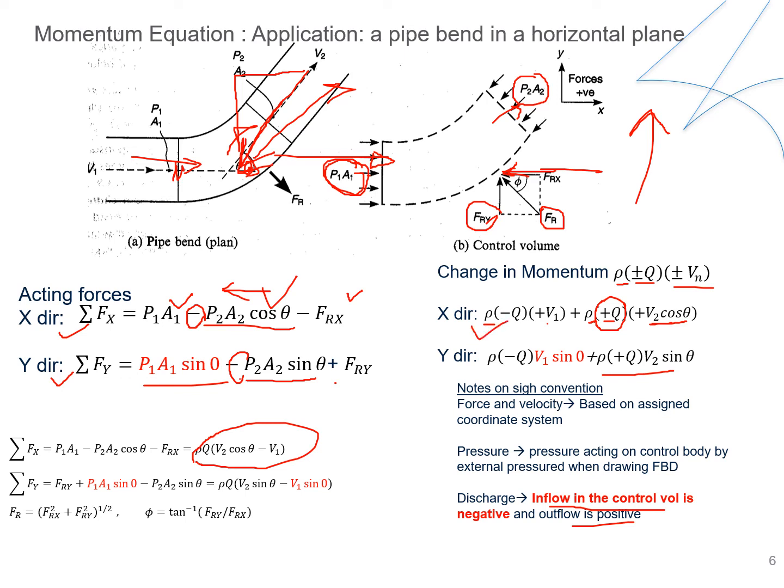Similarly, change in momentum in x and change in momentum in y direction. So once we have these, we can solve to find the x and y components of the resultant force, and then finally we define what is the resultant force and where it is acting, that is in terms of the angle with the horizontal, what is the angle.